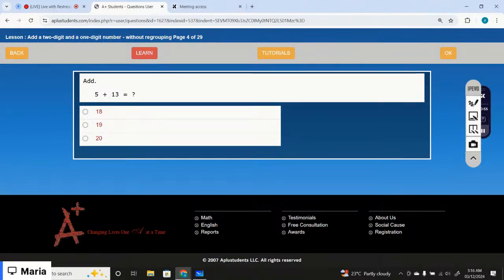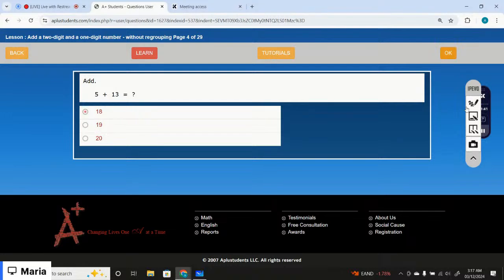Thirteen plus 5, which is the correct option? That is 18.